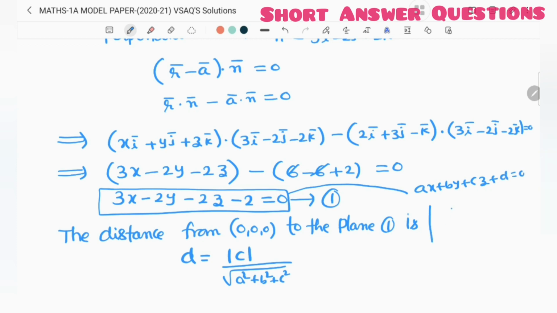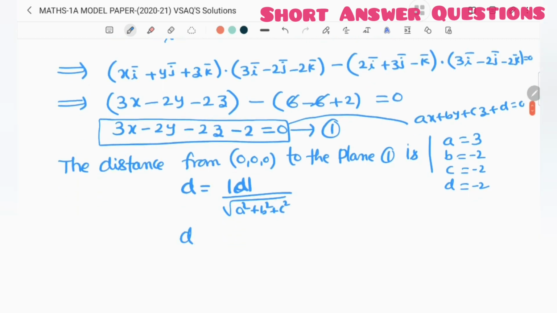So if we compare, a is equal to 3, b is equal to minus 2, c is equal to minus 2, and d is equal to minus 2. Here the distance is mod minus 2 by root of 9 plus 4 plus 4, which is equal to 2 by root 17.